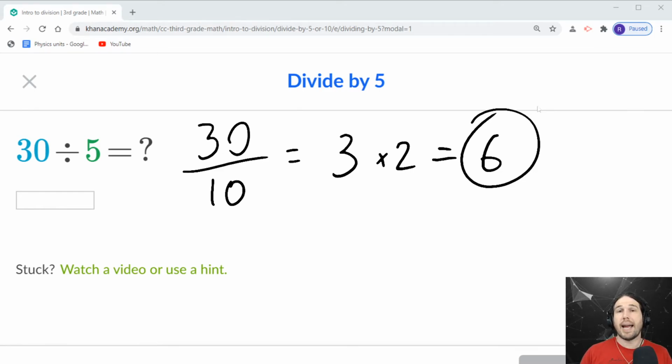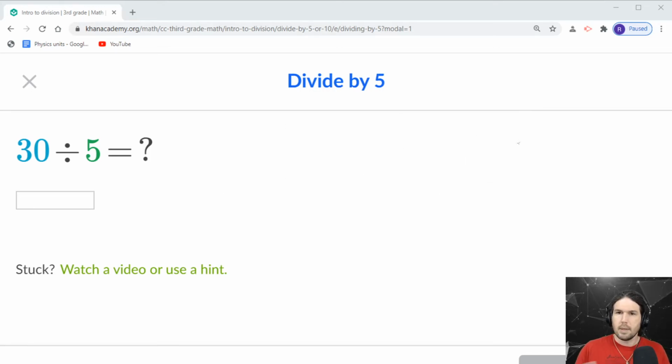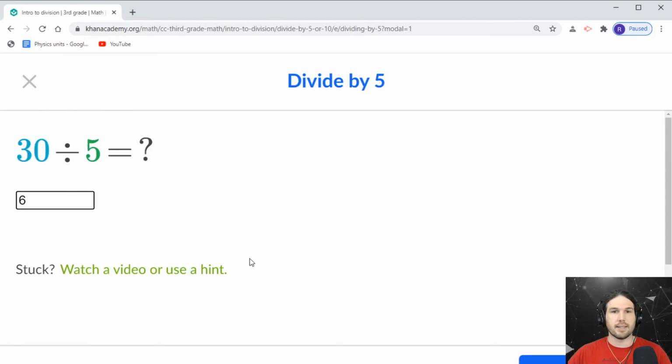Divide by 10 and then multiply by 2, or the other way around, that would also work. You can multiply by 2 and then divide by 10, which also would have worked in those earlier problems. So divide by 10 is 3, multiply by 2 is 6, 30 divided by 5 is 6.